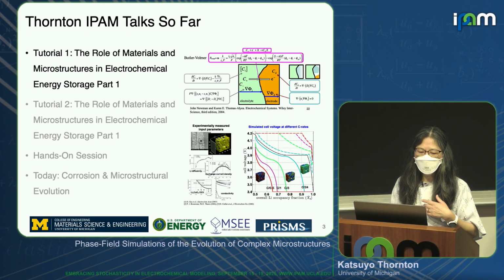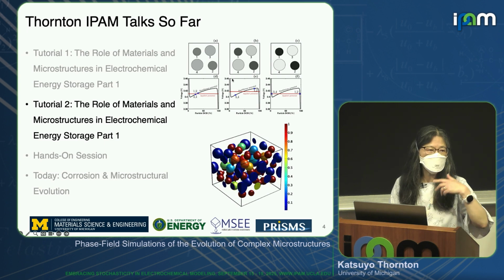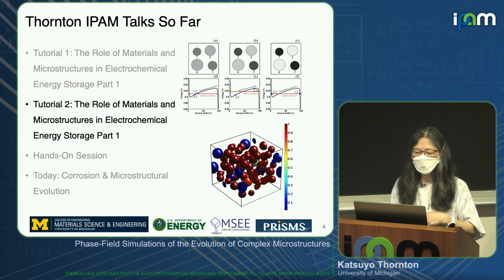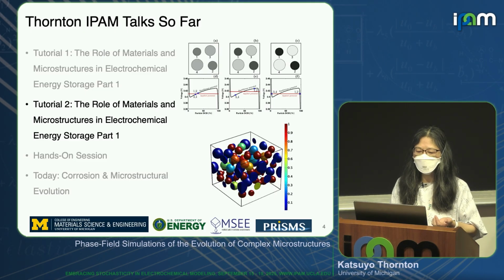Then I continued on that in tutorial 2, discussing how microstructure stochasticity, in this particular case particle size of active material, amplifies the stochasticity that occurs in electrochemical dynamics.